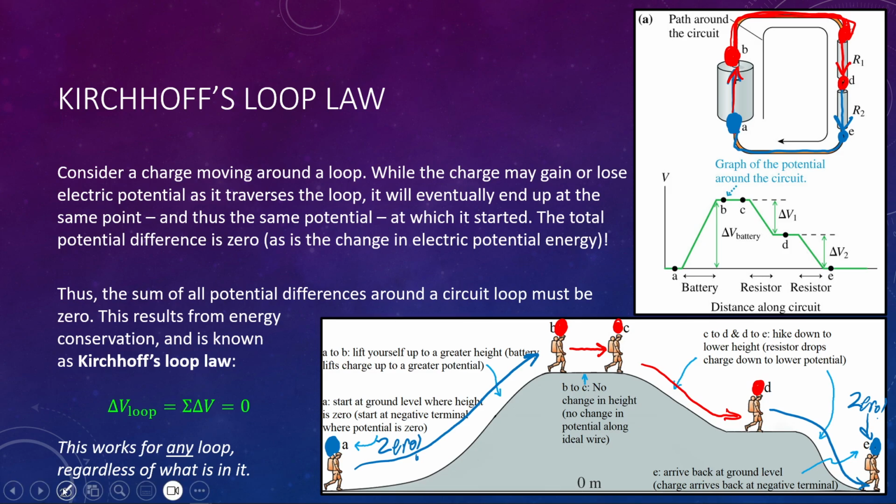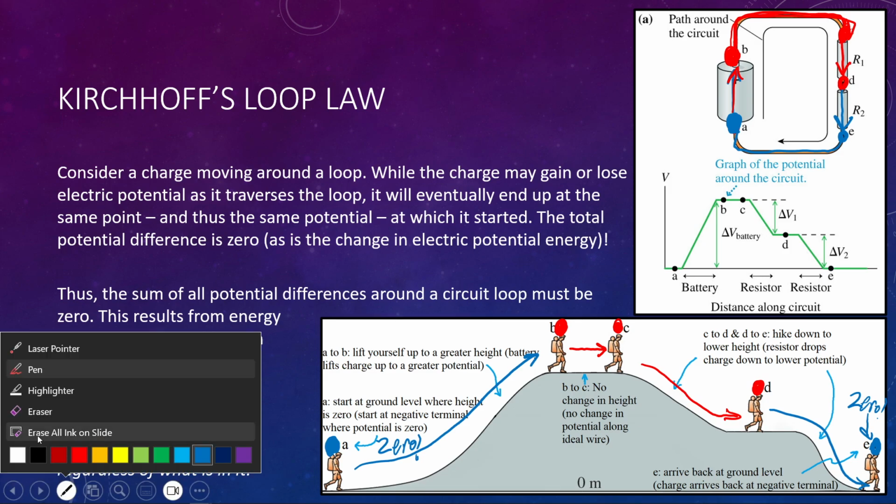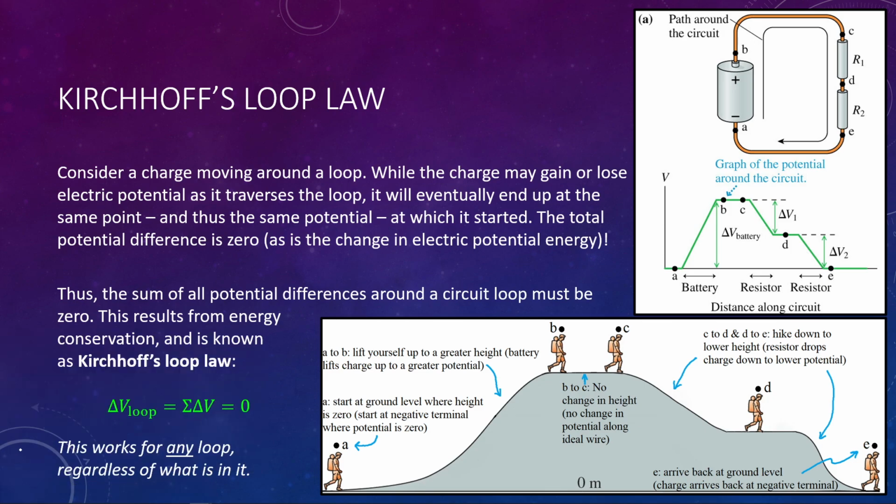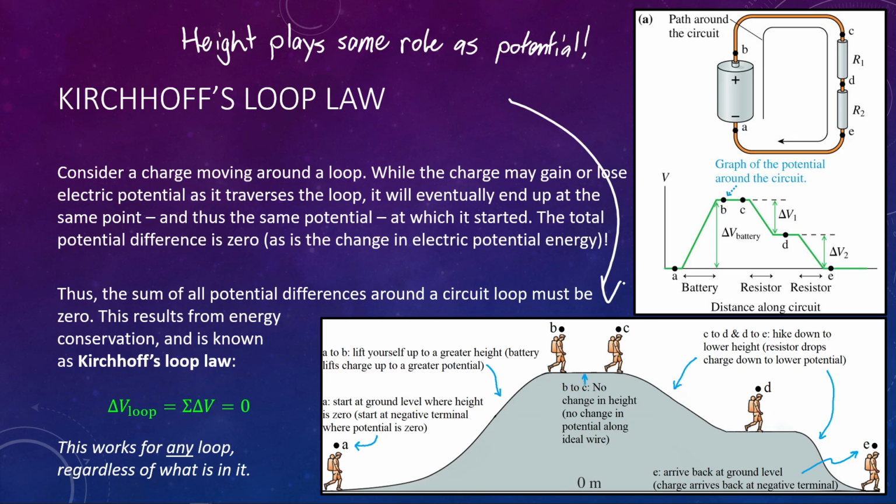So again, for me personally, I love analogies. I'm a big visual learner. I think it's helpful to see things in context with these analogies. The one thing I just want to emphasize, when we're talking about gravitational potential energy, remember, I've said this before, height plays the same role as potential. So in these analogies, height plays the same role as potential.